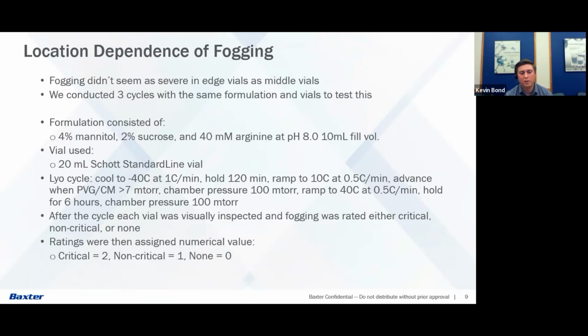And to help easily take averages for the fogging across the 3 cycles, we assigned the fogging ratings as either 2, 1, or 0, depending on whether it was critical, non-critical, or none.